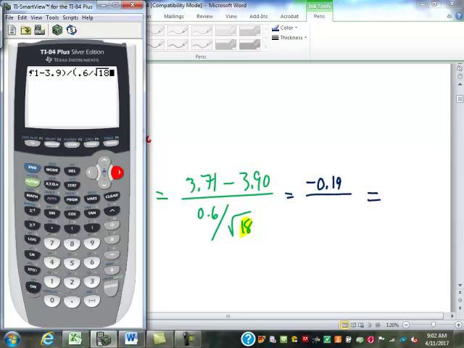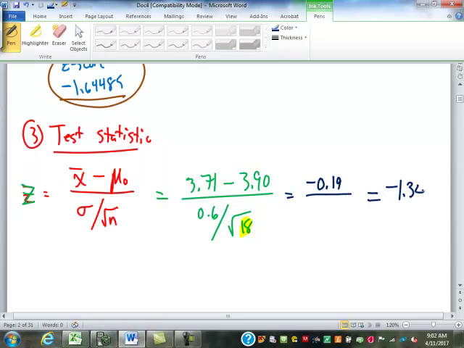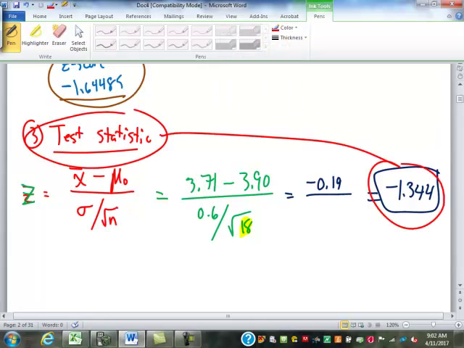Now, some of your calculators you have to do a close parentheses to end the square root. Some of them you have to do what I just did, do an arrow to get out of the square root. You have to do close parentheses again. Get a negative 1.344. So that is your test statistic.